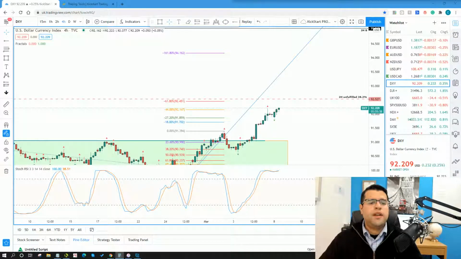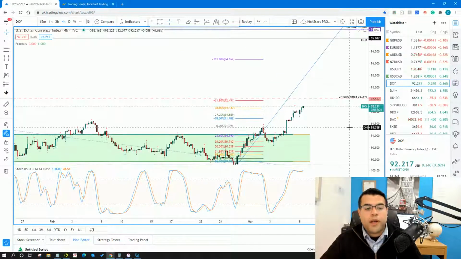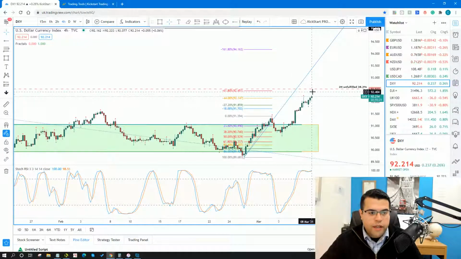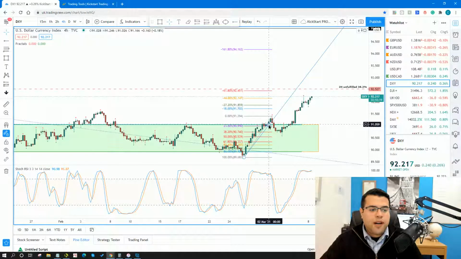And so in this case, we've got about 30 points between here and the unfulfilled 38.2, which translates, of course, into between 64 and 96 pips per pair. Okay, just on that move right there. So that's why I'm paying close attention to this, right?